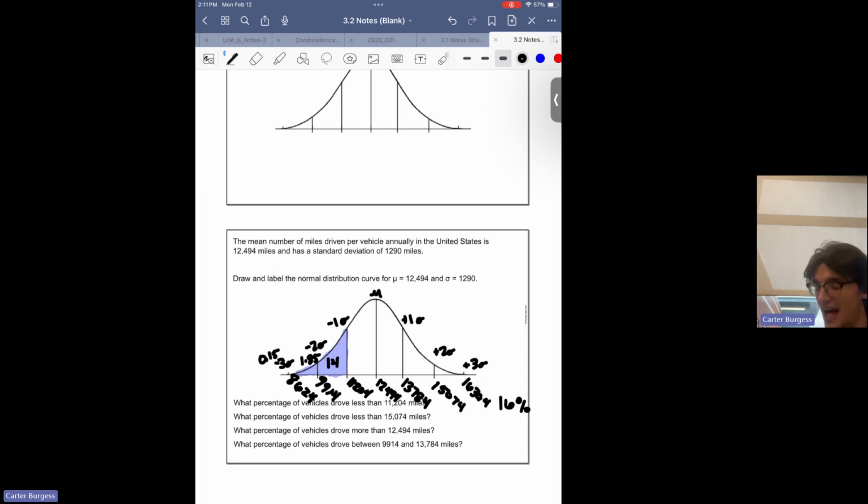All right. We're also tasked with finding the percentage of vehicles that drove less than this 15,000 mark. So everything to the left of what we see here. What could I do in order to figure this out? Yeah, we could just go through the exact same process, summing up everything that we needed.